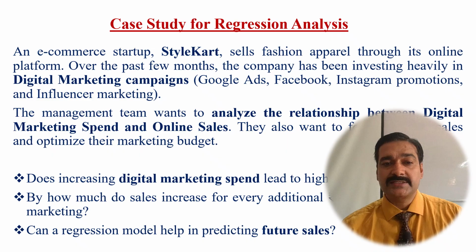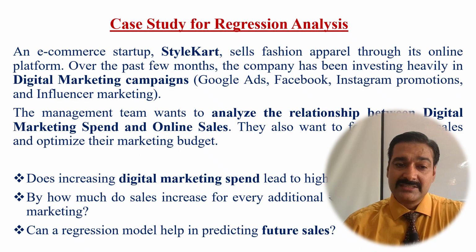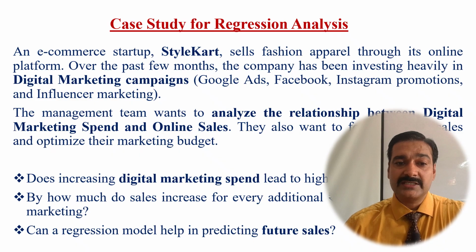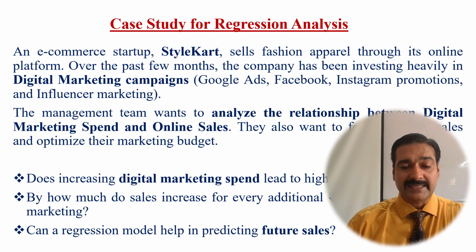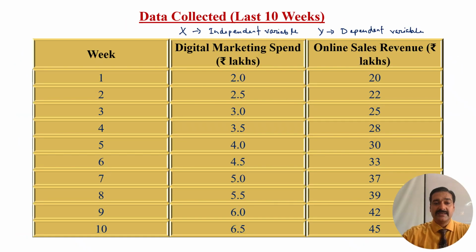So dear students, here you are given data of online digital marketing spends and online sales. On the next slide we will see the data given for the last 10 weeks. Here I have denoted digital marketing spends, which is in rupees lakhs, by X variable.